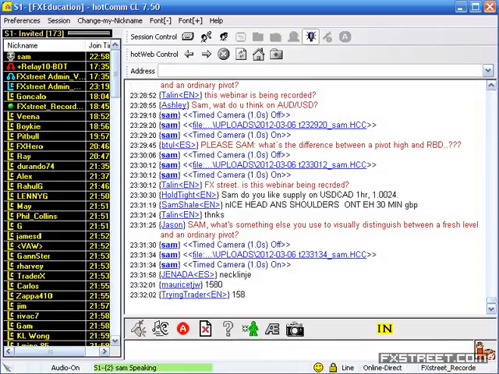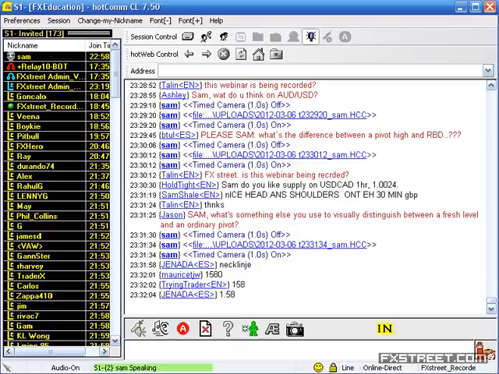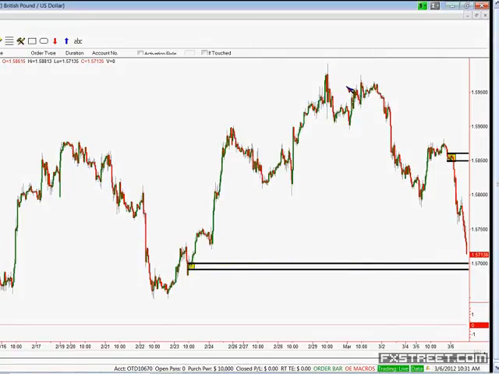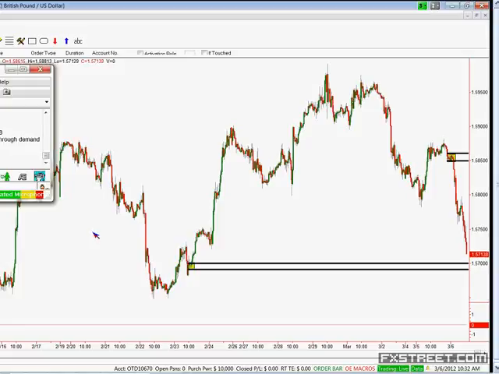Where's the neckline coming in? Yeah, about 158. Right. So in other words, don't sell when price is high and into supply. Wait for it to drop all the way down to where the demand is, and then sell it. That's what the head and shoulders has you doing every single time. That's why you never hear us talking about anything written in those trading books.